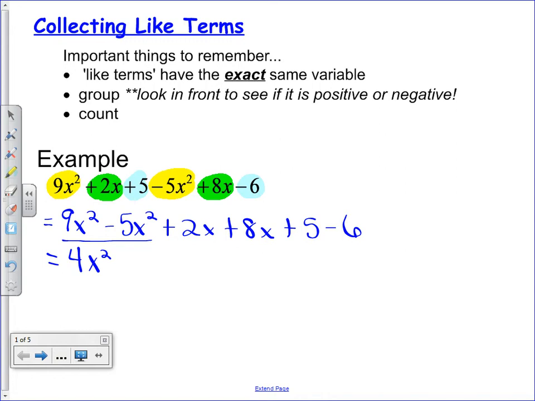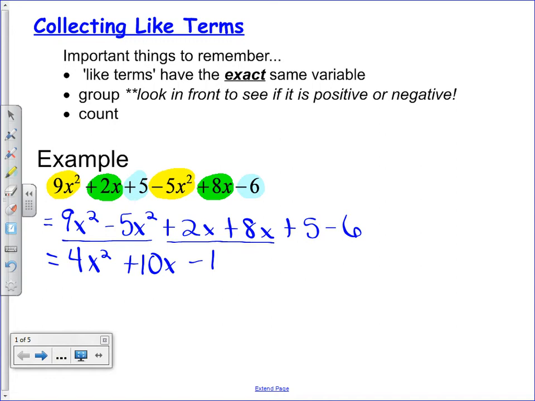I can't just write 10x. Good. It's positive 10x. Very good. And Noriel, what will I write after that? Beautiful. Negative 1. So positive 5 minus 6 gives me negative 1. You should have no double signs there. Any questions with that?